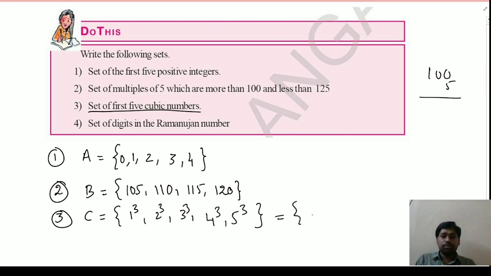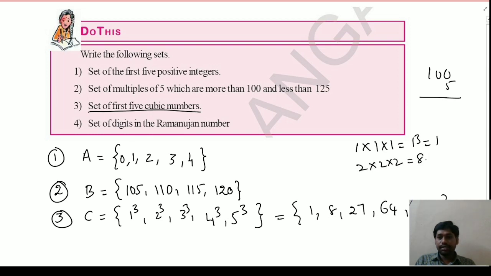So 1 cube is 1, 2 cube is 8, 3 cube is 27, 4 cube is 64, and 5 cube is 125. I hope you understood how we make a cube. 1 into 1 into 1 is 1 cube, which is 1. 2 into 2 into 2 is 2 cube: 2 twos are 4, 4 twos are 8.